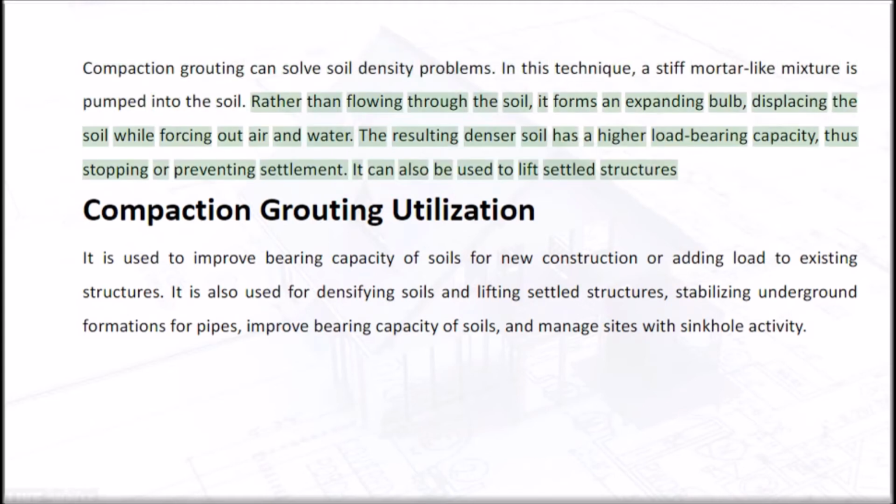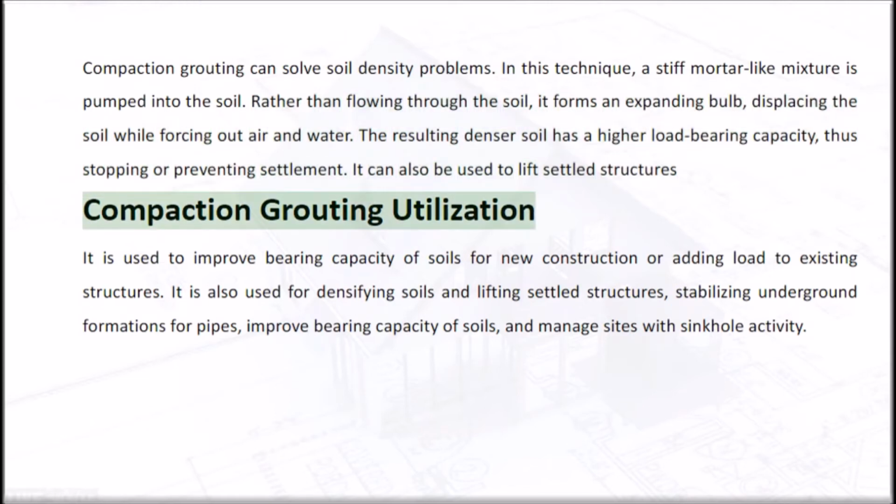Rather than flowing through the soil, it forms an expanding bulb, displacing the soil while forcing out air and water. The resulting denser soil has a higher load-bearing capacity, thus stopping or preventing settlement. It can also be used to lift settled structures.